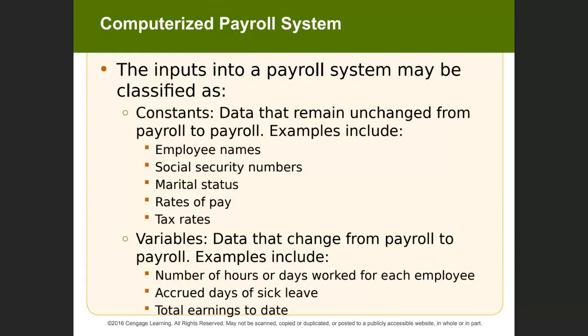Some companies will give you sick leave and you accrue that sick leave based on how long you've been there, or you may use your sick leave, and that would reduce the amount of sick leave that you have. And then your total earnings to date, that's going to change because every week that you get paid, you've earned a little bit more money, so that total earnings to date number would be increasing.